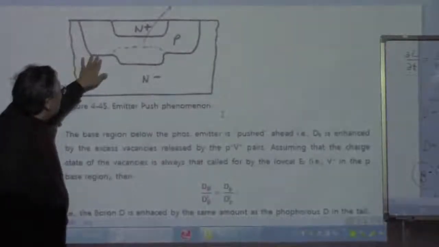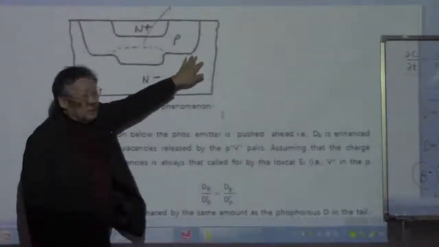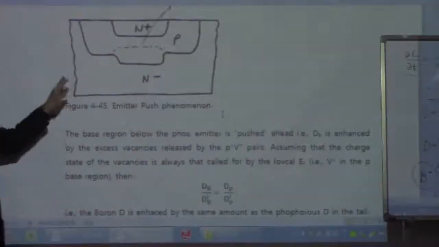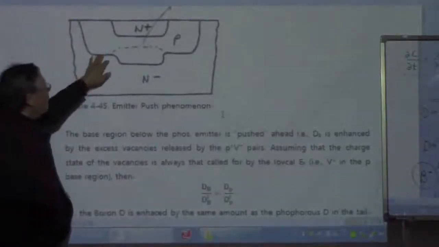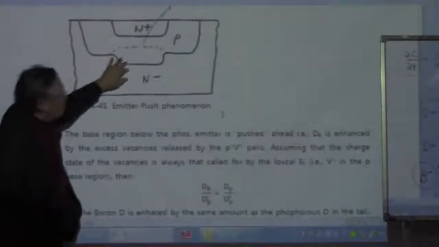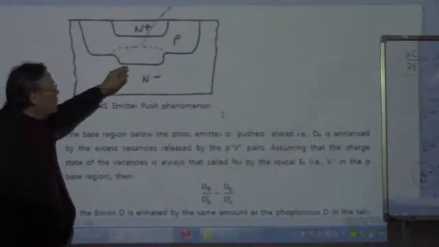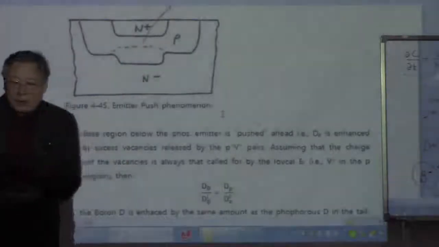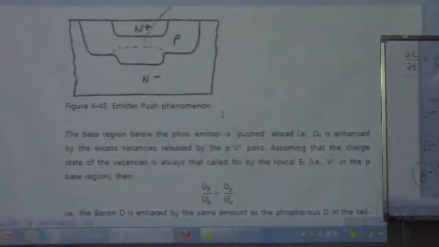So compared to other areas where no effect of phosphorus is expected, we have some depth in the diffusion right beneath the phosphorus diffusion. This can be understood in terms of the theories that we have developed just now.